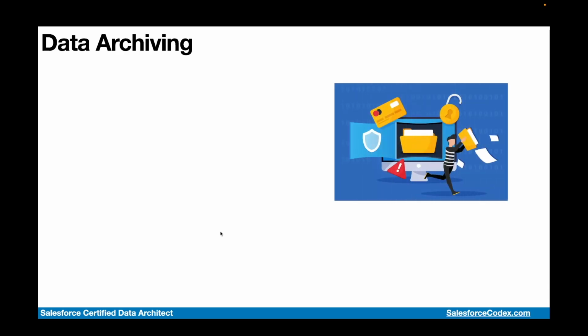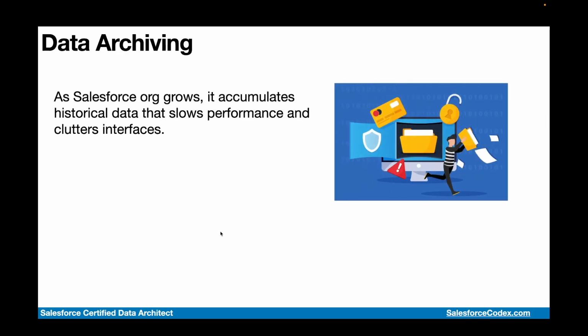Next, we have data archiving. As a business grows, the volume of data stored in Salesforce, such as closed opportunities, old cases, or historical activities, can become huge and overwhelming. This accumulation not only consumes valuable data storage but can also slow down system performance.